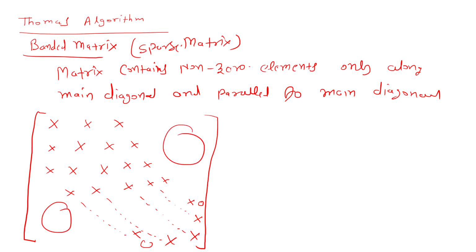So this is the type of matrix I am talking about. This is called banded matrix.